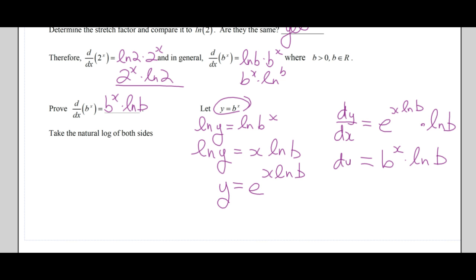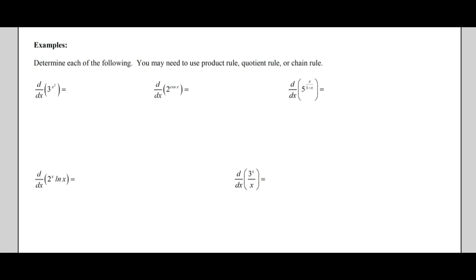All right, there's your proof. Determine each of the following. Okay, so what do we got? d by dx of 3 to the x squared. So what do we start with? We've got that the derivative of b to the x is b to the x ln b, right?